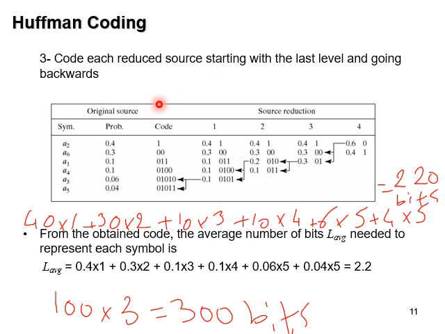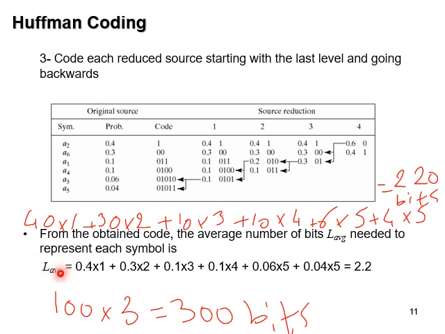Another way of representing that same piece of information: here we made an assumption that we have 100 pixels. However, we can compute a number that represents the same idea without knowing how many pixels we have. That number is called the average number of bits needed to represent each symbol.